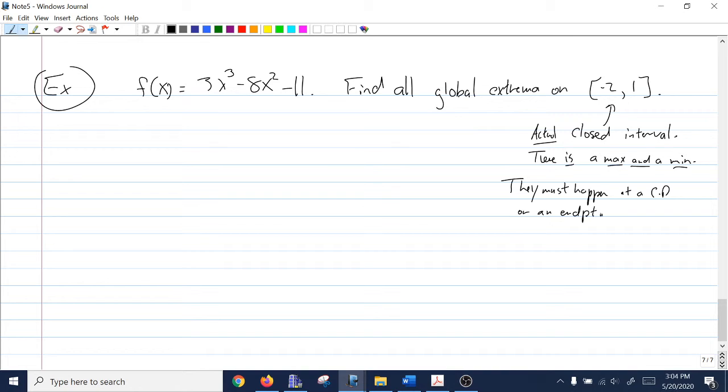I'm worried about, does the function go to infinity somewhere, or does it not exist at the place where the minimum would be? When it's a closed interval, that stuff can't happen. There is a minimum. Where could it be?